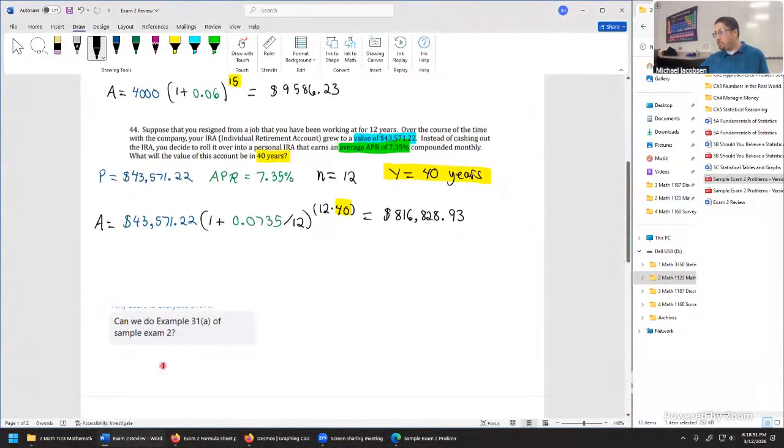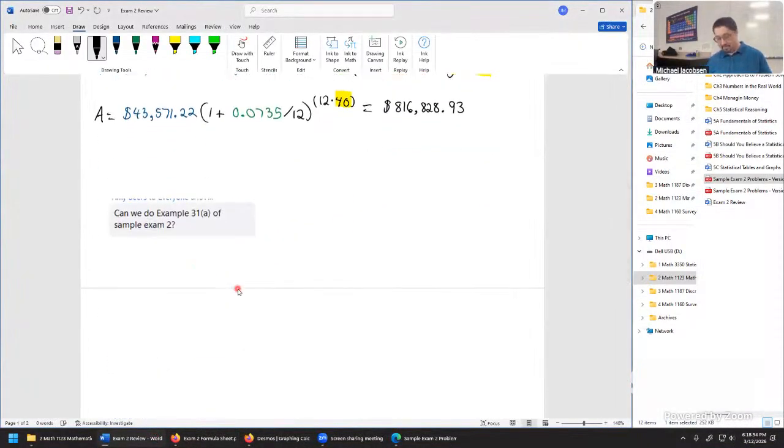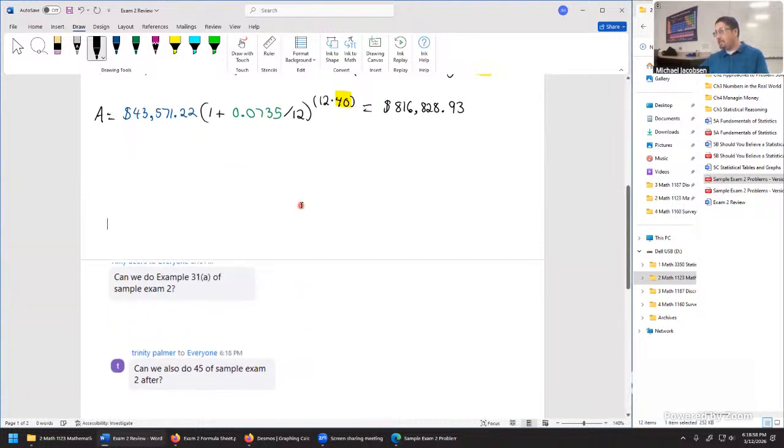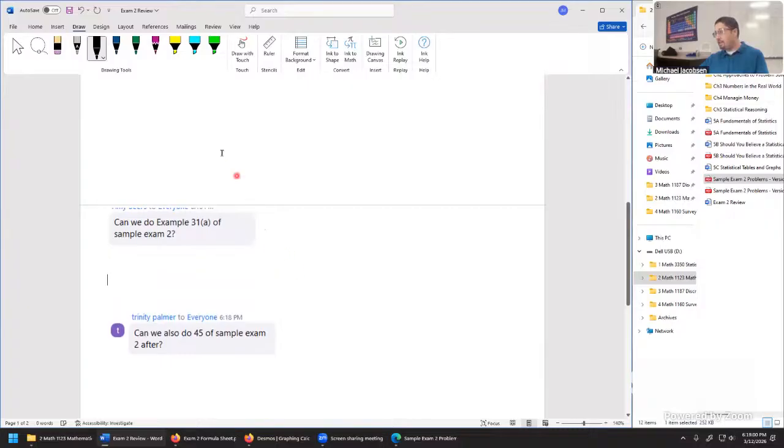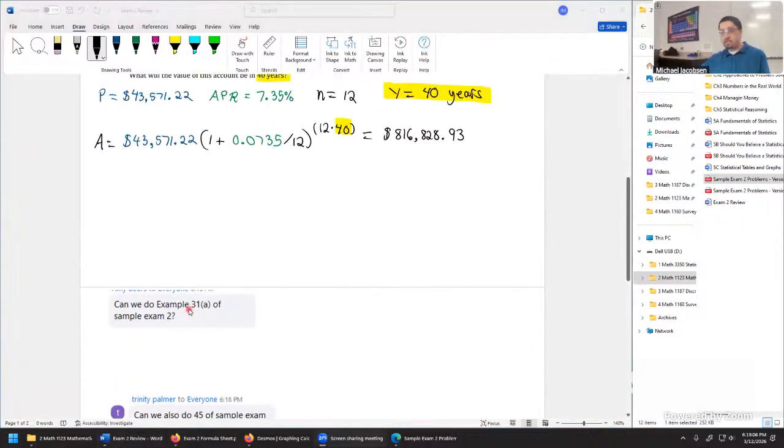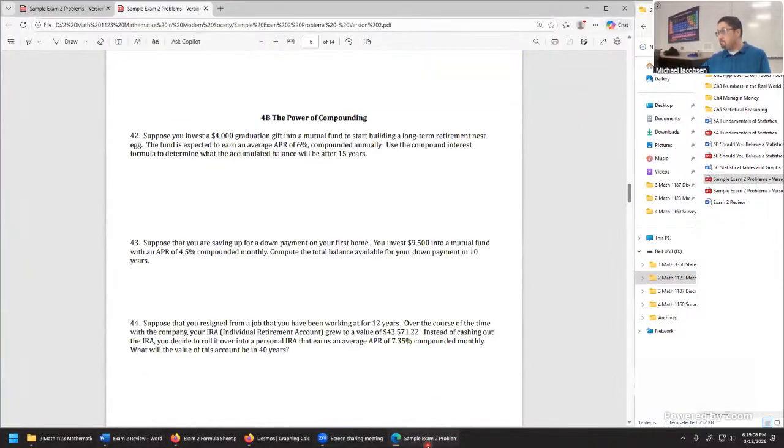But first, let's make sure we jump to the questions coming through. So far, I've got two great suggestions. Example 31A, and next we'll be doing 45 of sample exam 2 afterwards. So let's take a look into this one.